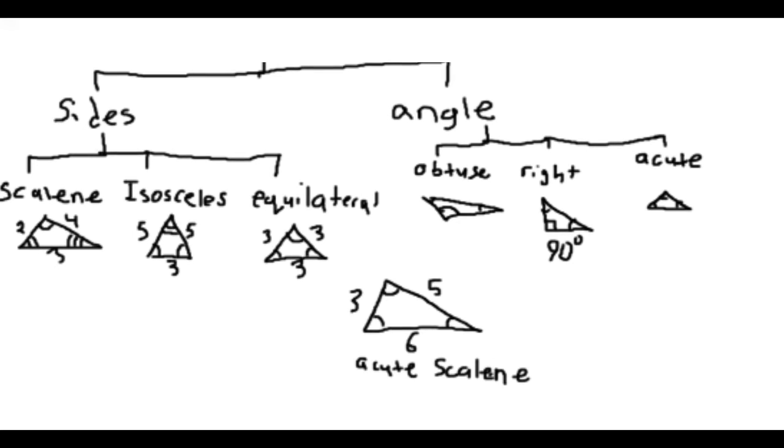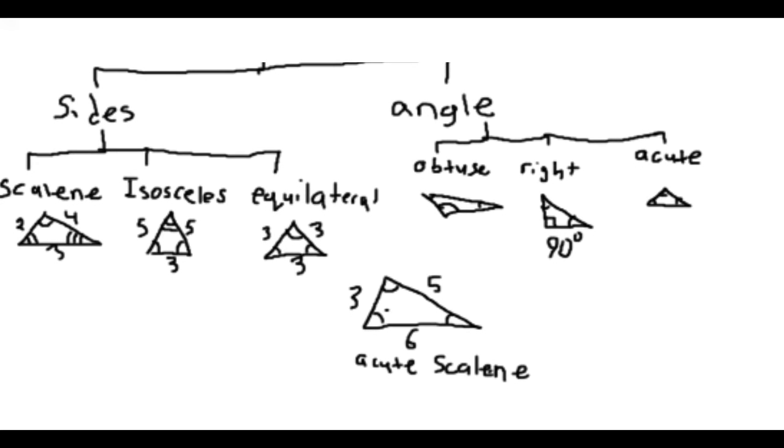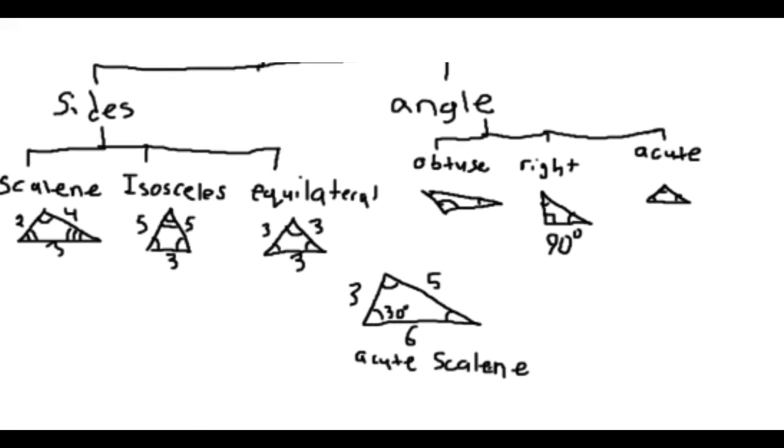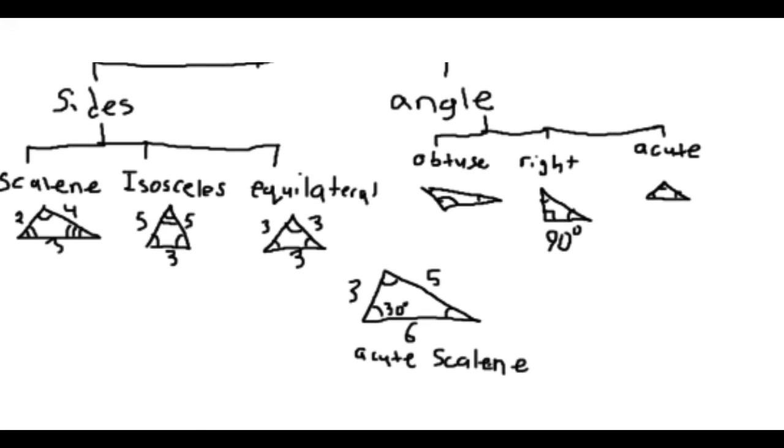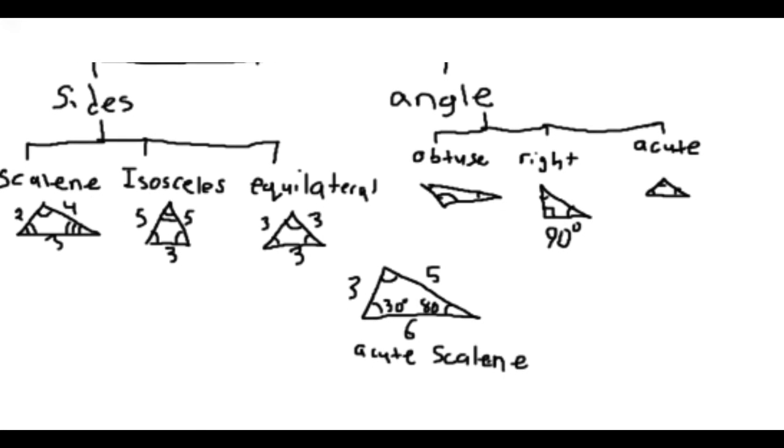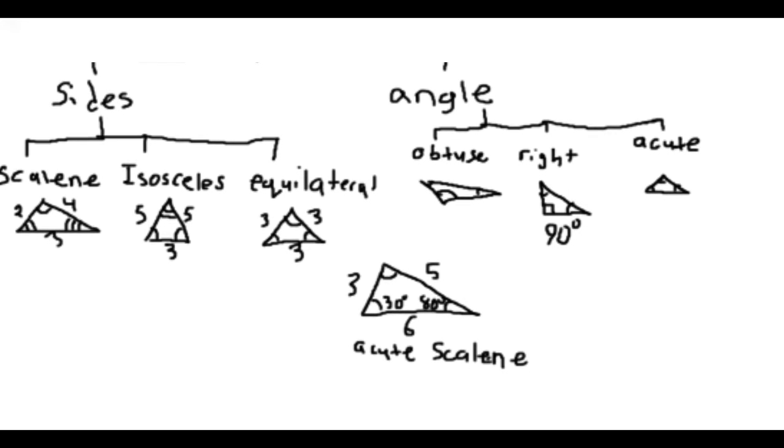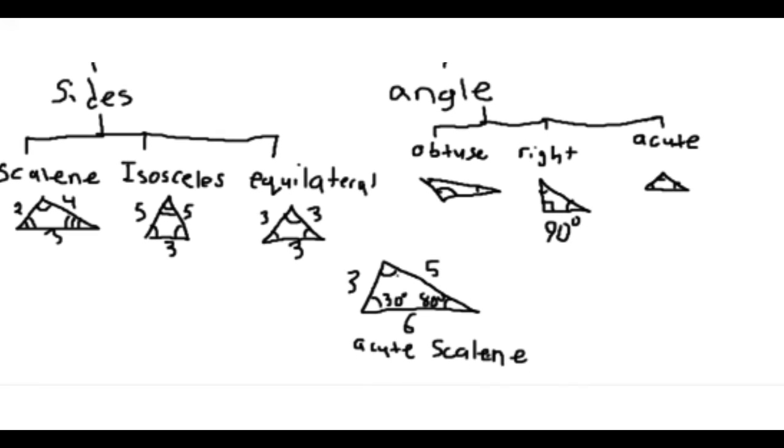Now let's look at the angles. Let's say this angle was given to be 30 degrees, and let's say this angle was given to be 80 degrees. We could use this information to figure out what is the degrees of angle A. And we could do that because we know the sum of all the angles has to equal 180, which means 30 plus 80 plus A is equal to 180. First let's combine like terms.